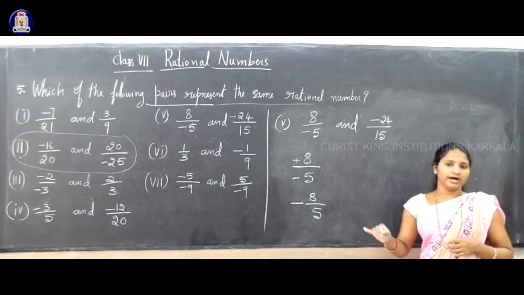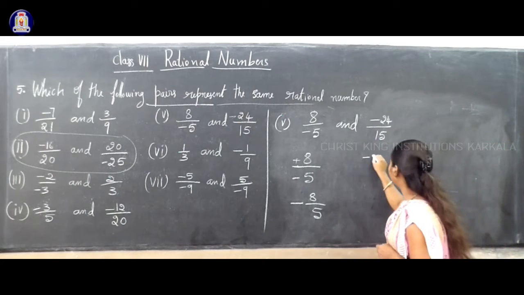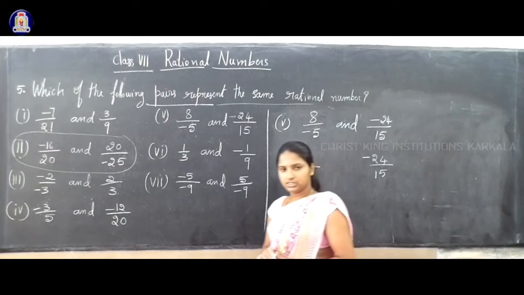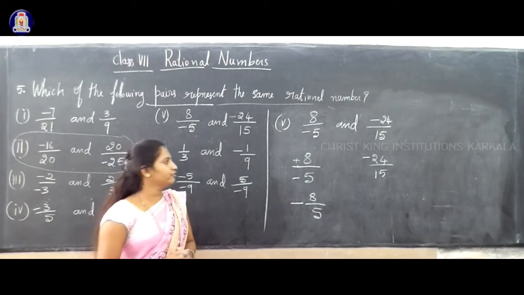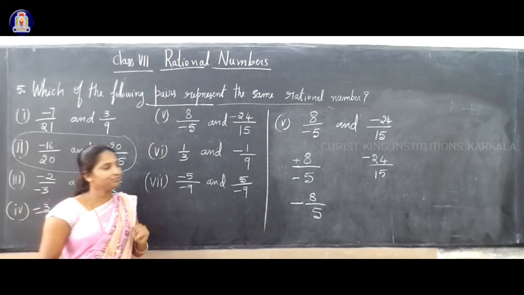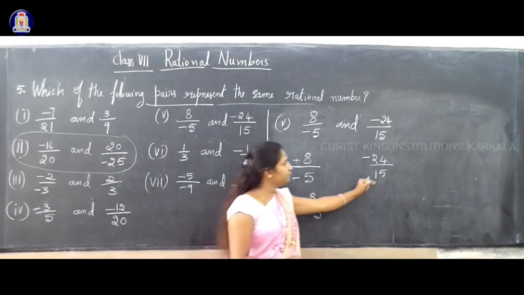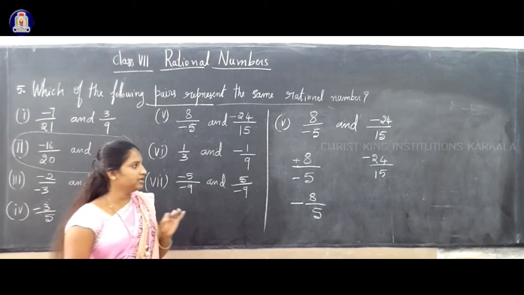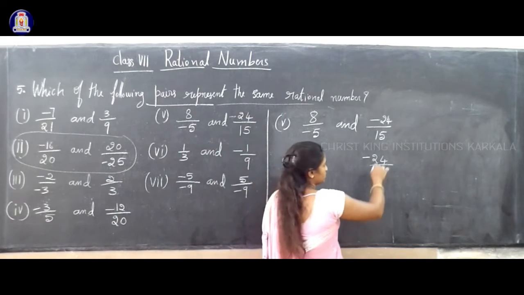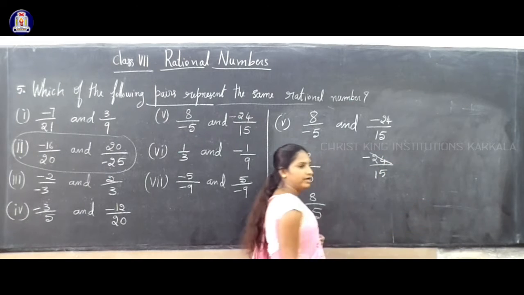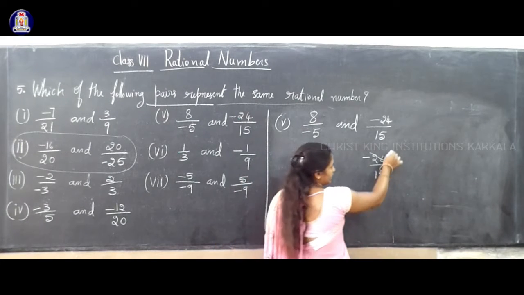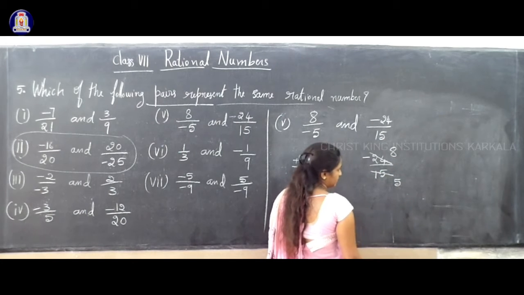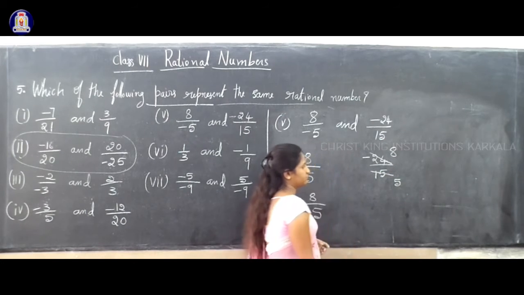The numbers 24 and 15 are divisible by the 3 table. If you know the table, you can easily identify it. So divide it. 3 how much is 24? 3 eights are 24. And 3 how much is 15? 3 fives are 15.